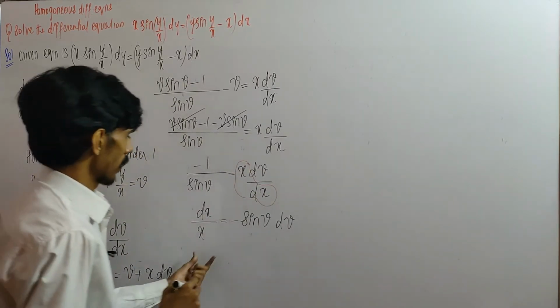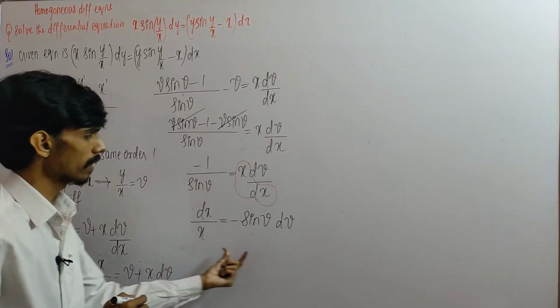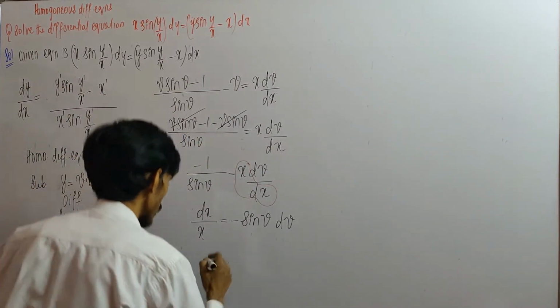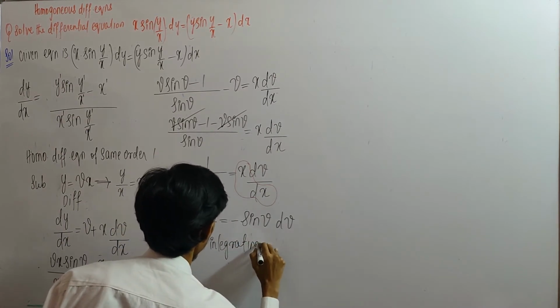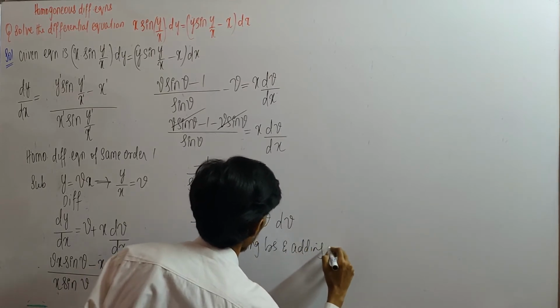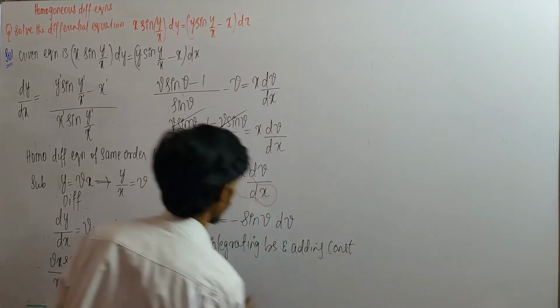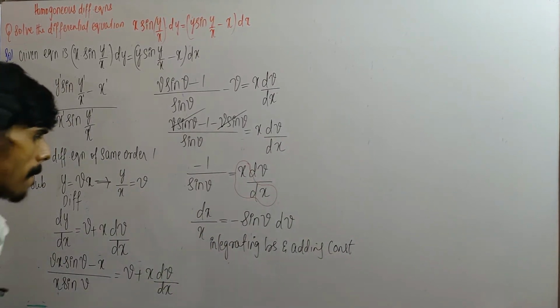Now we have separated the variables, that is x terms one side, v terms one side. The next step is integrating both sides and adding a constant to any of these sides. Let me add the constant here.